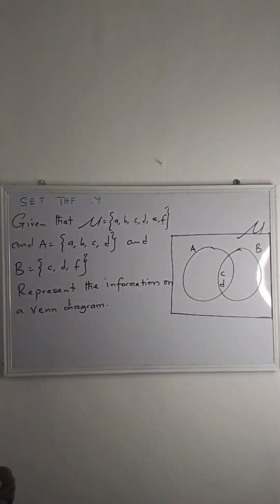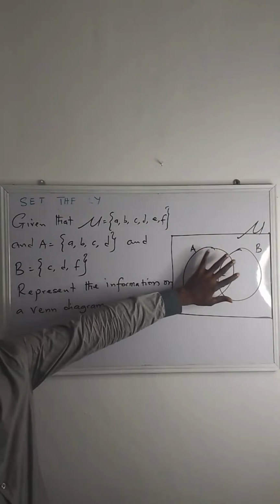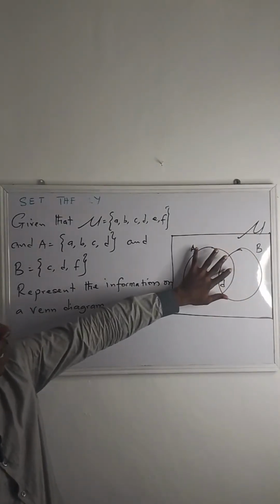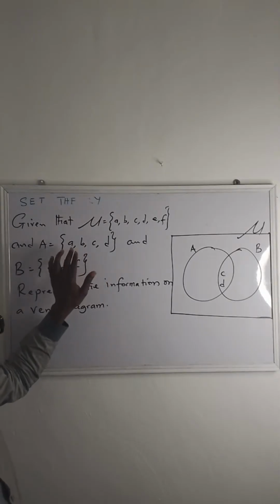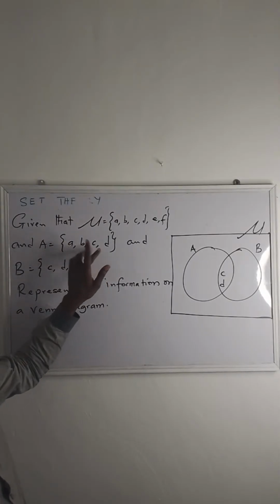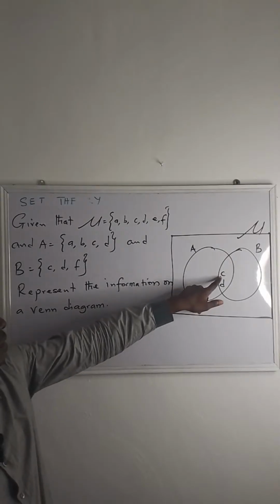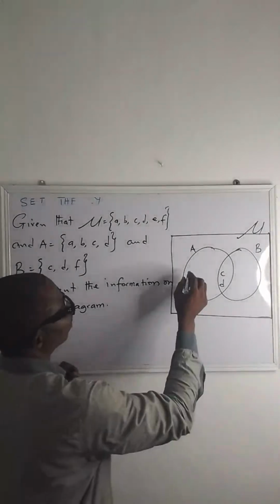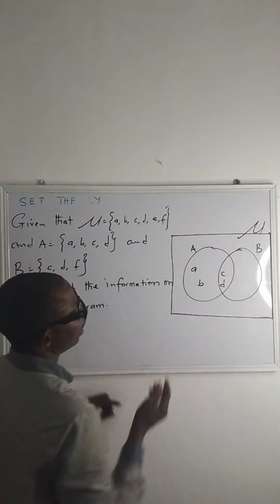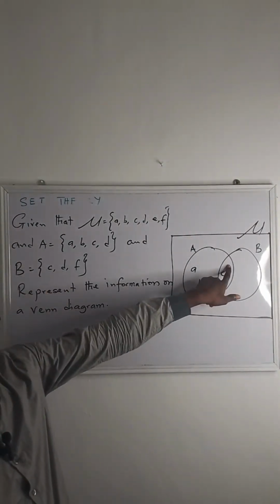Now let us complete each of the subsets. Let's look at set A. The members of set A are A, B, C, D. We have written C and D, so it remains A and B. So A and B will be here. I can't put A and B in set B's part. You know why?